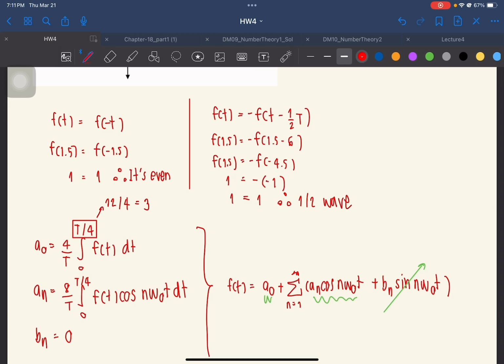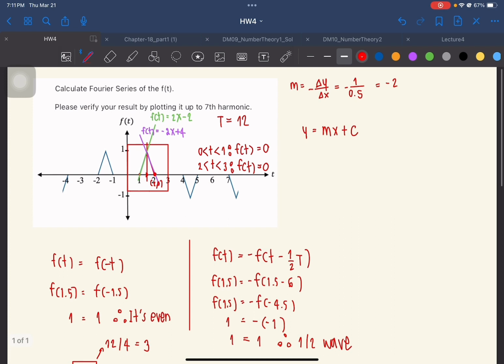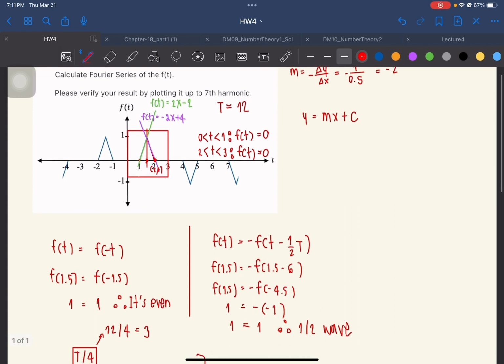We have two functions, right? So we will practice together.